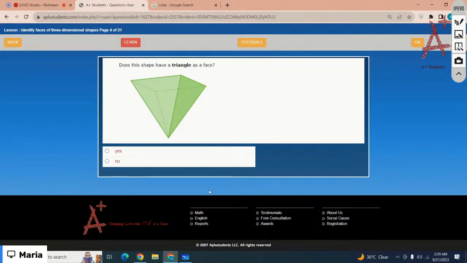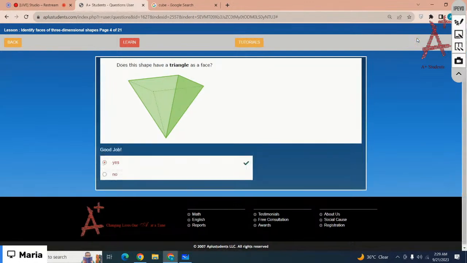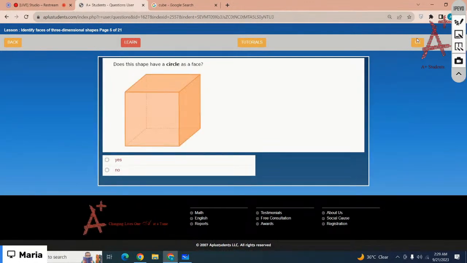Yes, the correct option is yes, this shape has a triangle as a face, right? Does this shape have a circle as a face? The correct option is no, right?